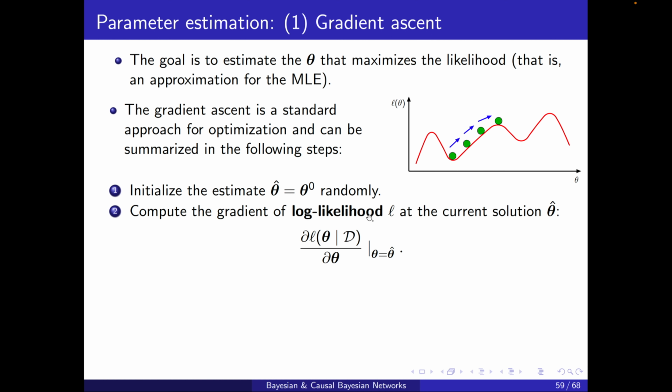We compute the gradient of the log likelihood, again with our notation, small letter L, at the current solution theta hat. So my theta hat now is theta 0. I calculate the gradient. In this case, it's basically the slope, so it will be this blue arrow here. This is the notation, the partial derivative of L with respect to theta at the point theta equal to theta hat.